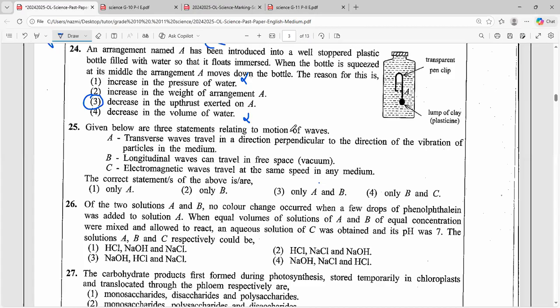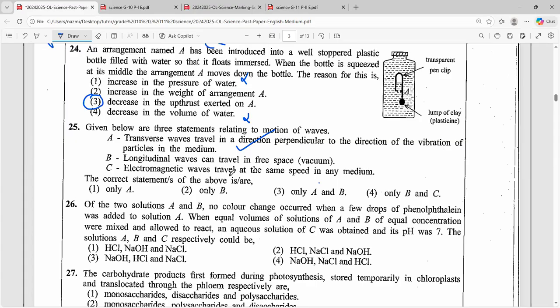A is correct. Longitudinal waves can travel in free space. Oh, that is in electromagnetic. No, electromagnetic waves travel at the speed of light in free space. But they are telling about traveling in free space, no?